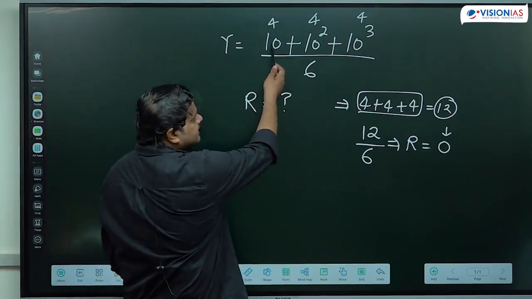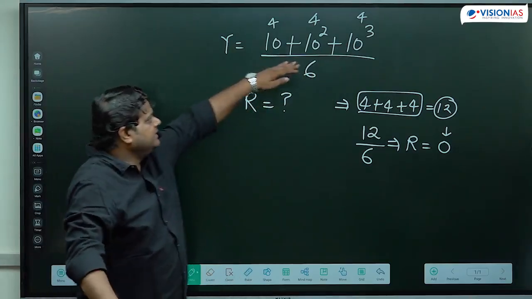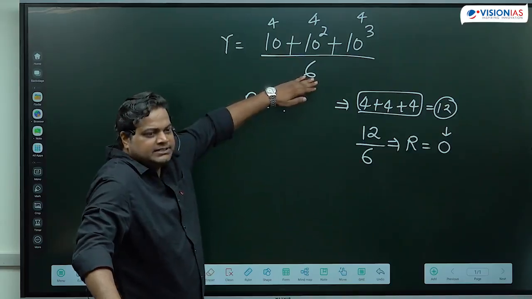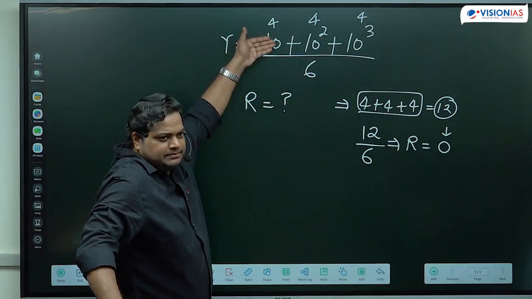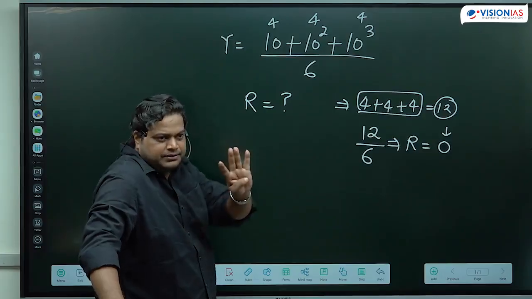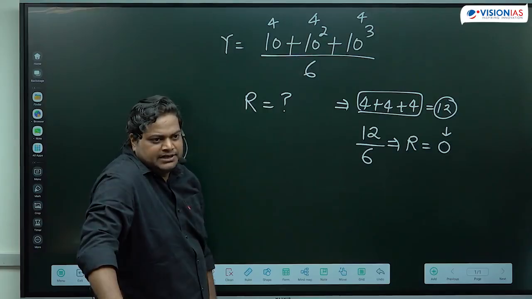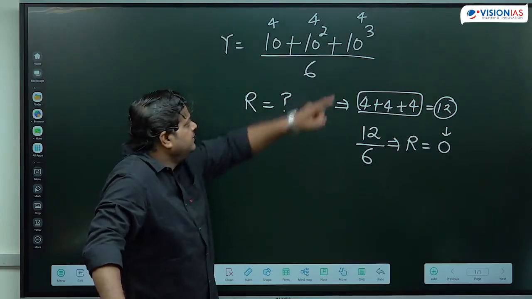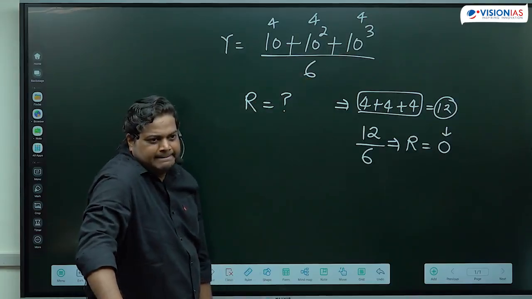This is the question. 10 plus 10 square plus 10 cube. We are dividing this by 6. The question is, what remainder can we get? So we took the first term, divided by 6. What remainder are we getting? 4. 10 square को we are dividing by 6. 100 को 6 से divide कर रहे हैं. We are getting remainder 4. 10 cube, 1000 को we are dividing by 6. What are we getting?